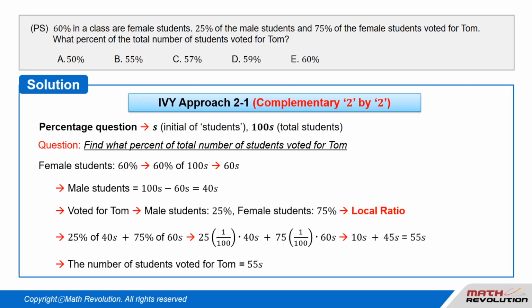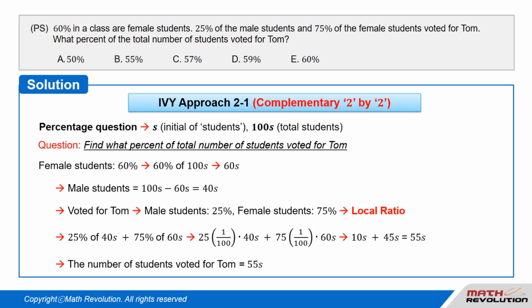That is 25% of 40S plus 75% of 60S, which equals 25 times 1/100 times 40S plus 75 times 1/100 times 60S, which equals 10S plus 45S, which equals 55S.